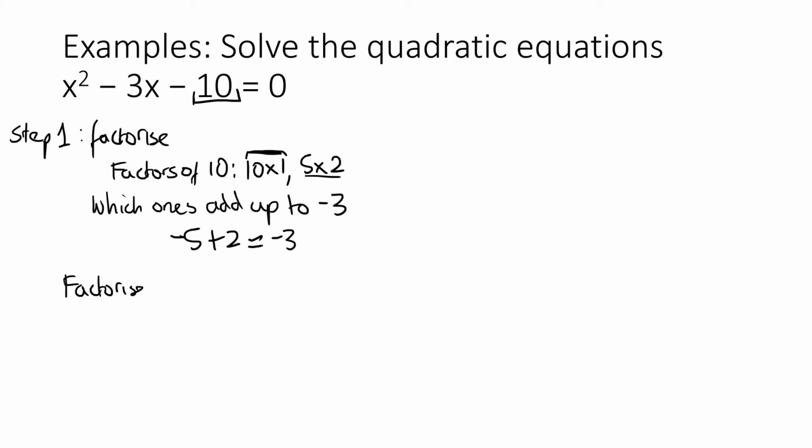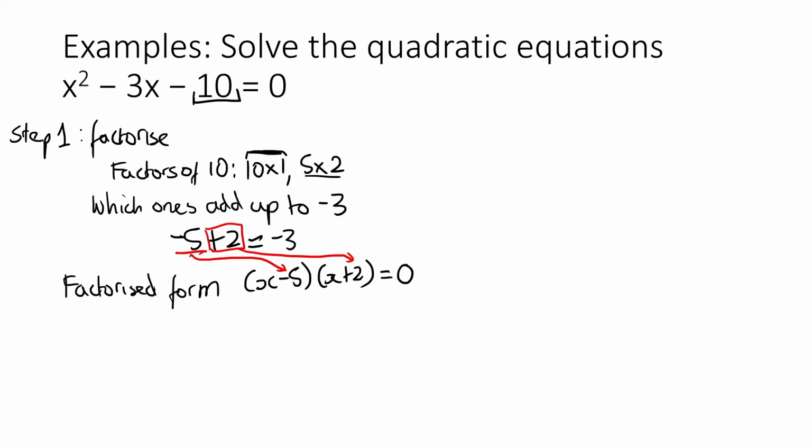Write your factorized form. It will be x minus 5, x plus 2. Make sure to just take it and put it into the brackets, and keep the sign in front as well. And then your equation is equal to 0. Step 2, null factor law.